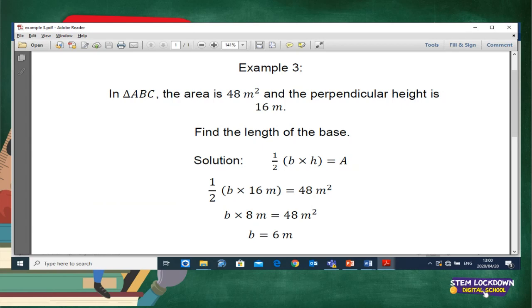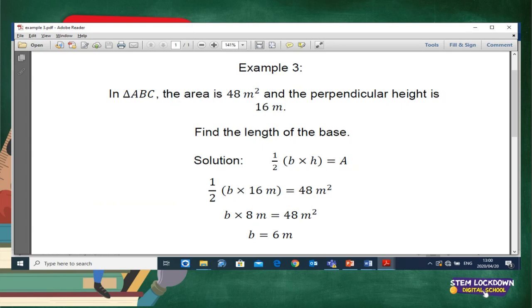At this point, you are given the area together with the height, and you are expected to find the base. And of course, we have found the base, and we have said that the base will be 6 meters.